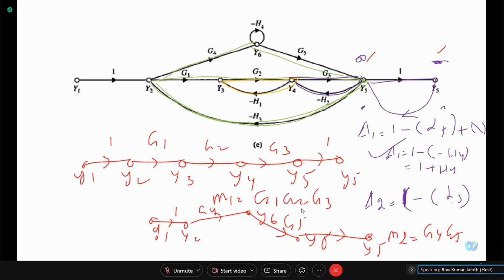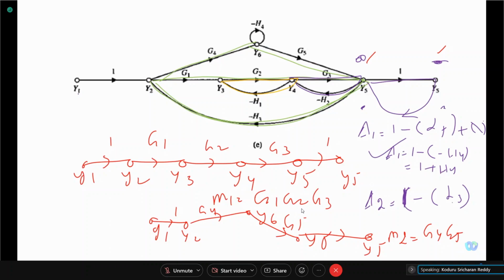A forward path should start on the starting node and end on the ending node, the input node and output node. So here the input is y2 and the output is y4. So from y2 to y4, how many possible forward paths are there? Two forward paths.